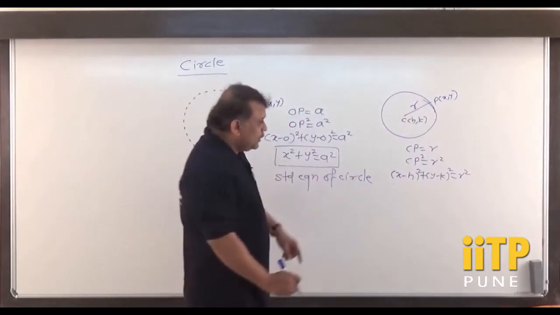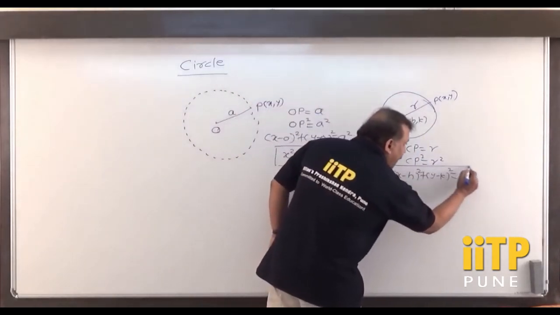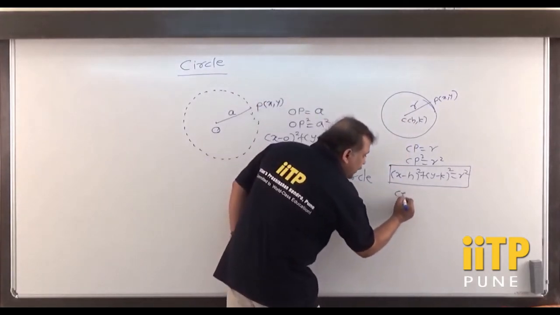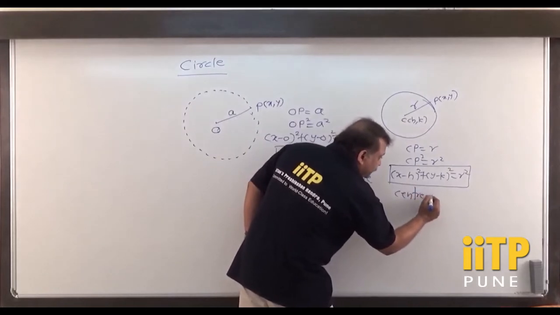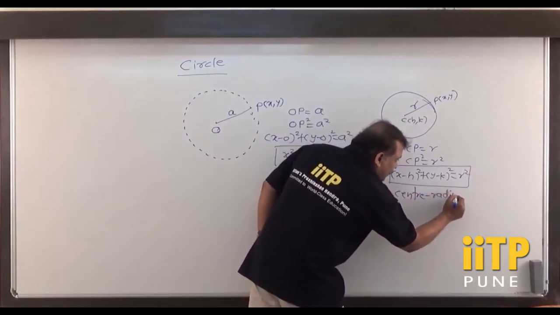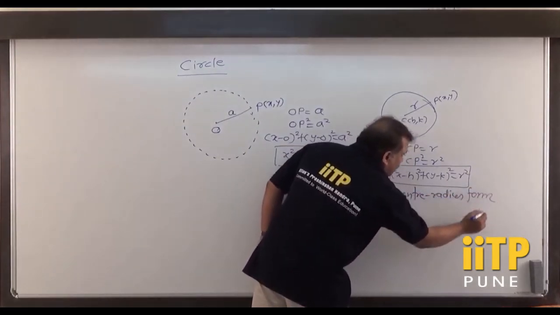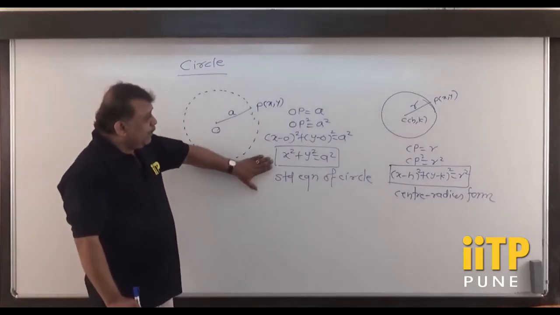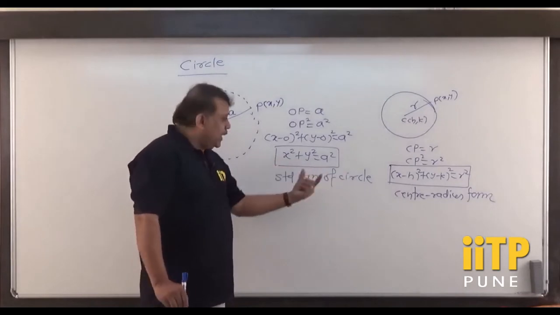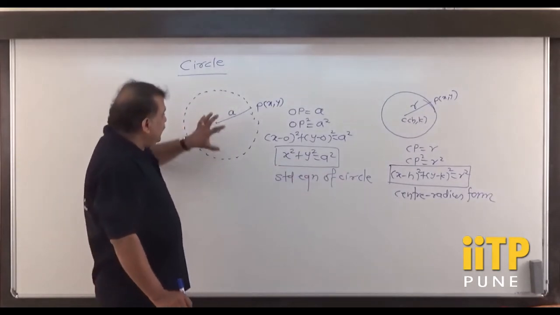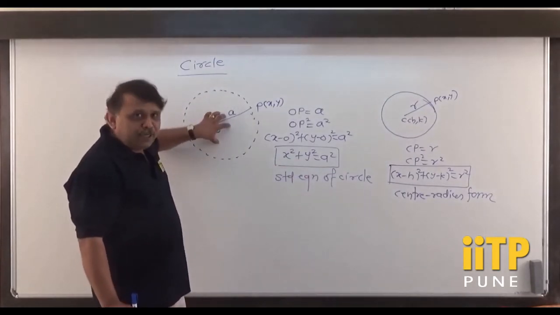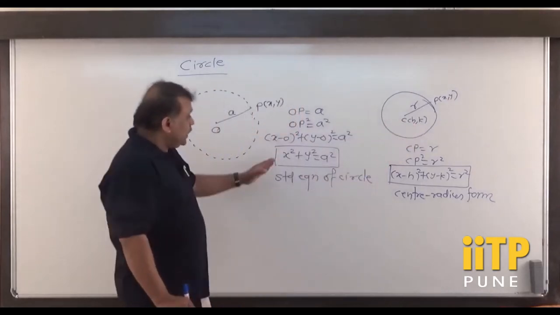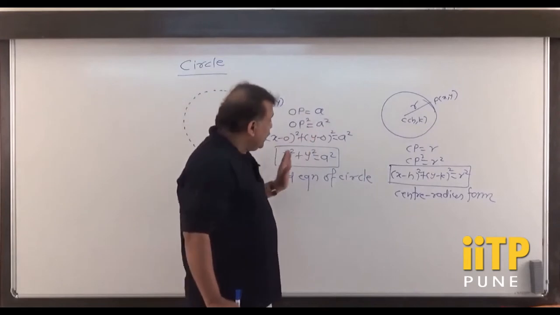Now this is the equation of circle which is in center radius form. So basically we have x square plus y square equal to A square as a standard circle, and when the origin, the center of the circle, is shifted to the point C(h, k), then this equation will reduce to what?